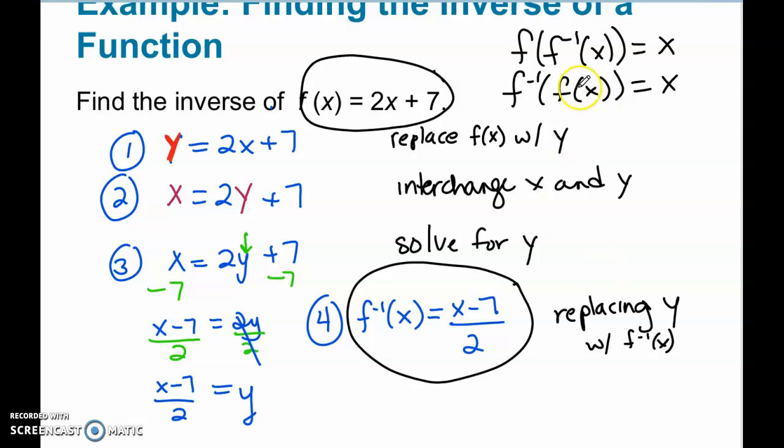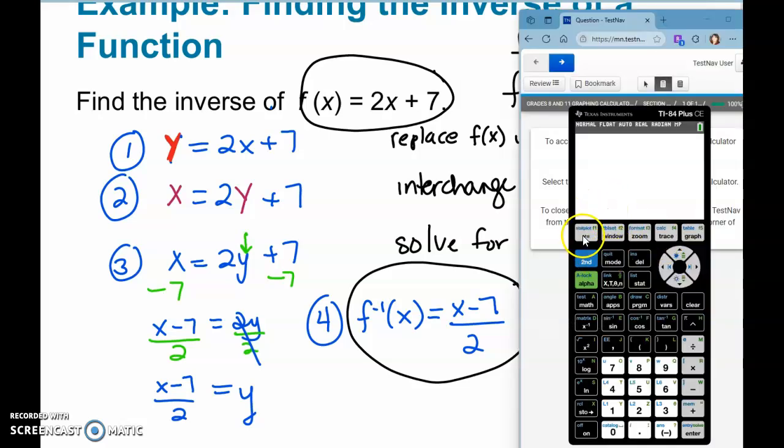We can also take a look at the graph. So let's do that. You should grab your calculator and follow along with me. When I want to graph something on my calculator, I'm going to hit y equals. In for y1, I'm going to put the original function f. And in for y2, I'm going to now put the inverse I came up with.